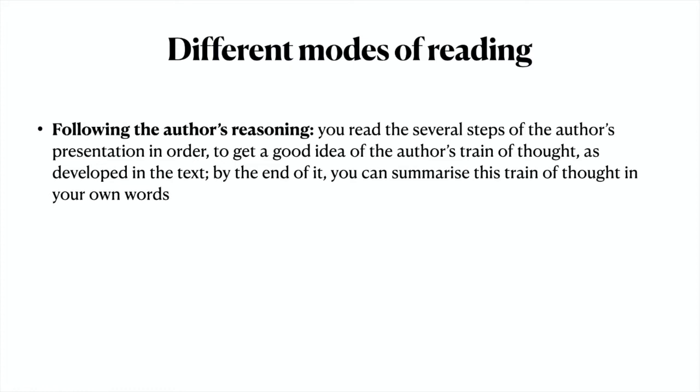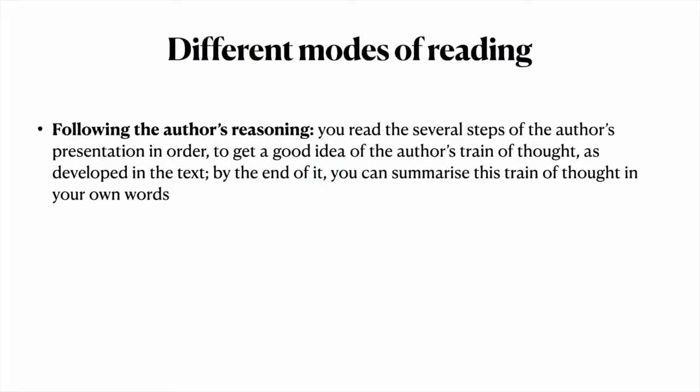So you read the several steps of the author's presentation in order to get a good idea of how the author's train of thought, as developed in the text, proceeds. So what is the complete argumentative narrative in this text? So by the end of it, you can summarize this train of thought in your own words.